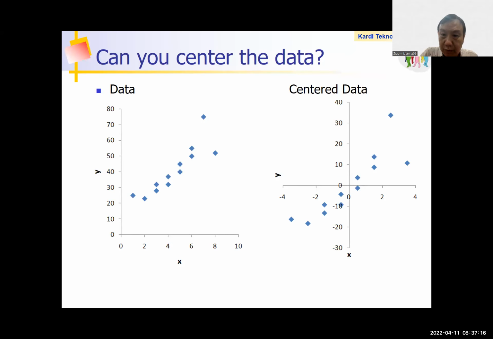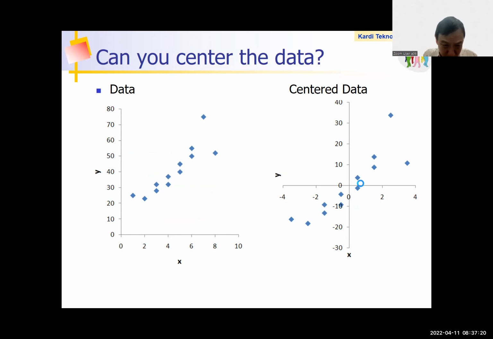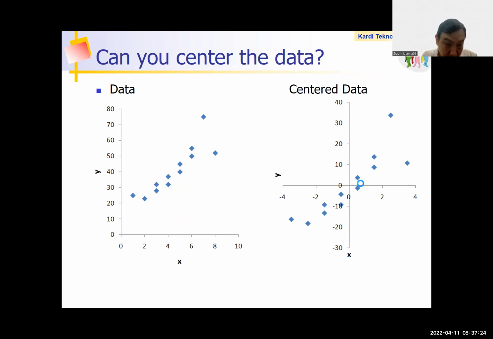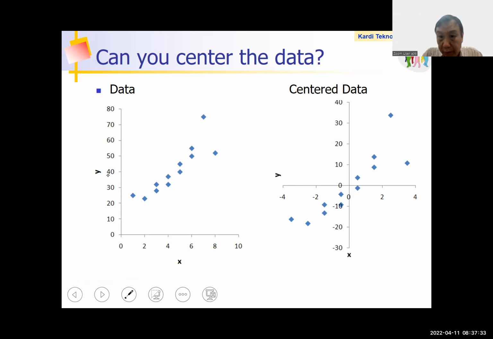So here, this is the 0, 0. This is the same data, but when you center, that means you subtract the mean from each data point.